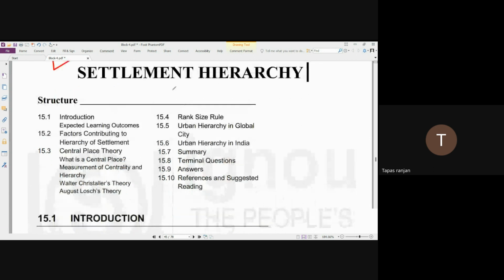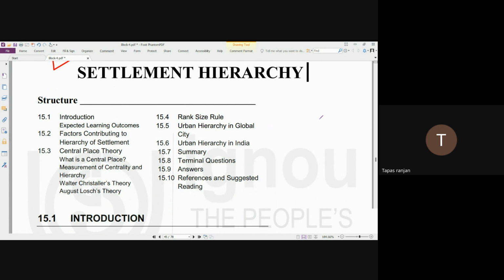Now here in urban settlement, you will have different types of hierarchy based on the different functions performed and based on the population size. Different hierarchy can be assigned based on the population size itself.